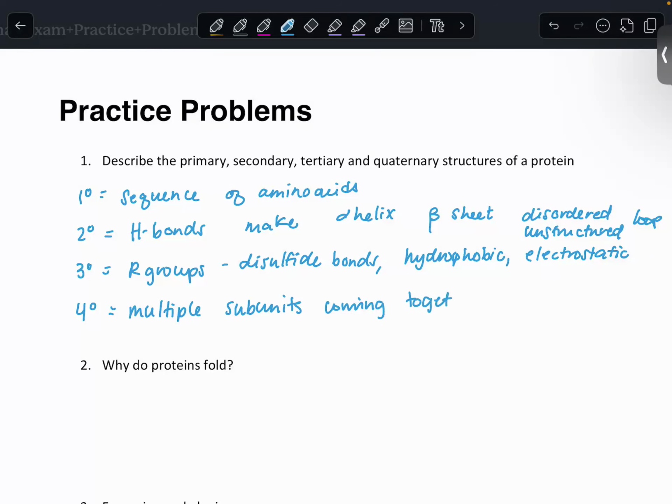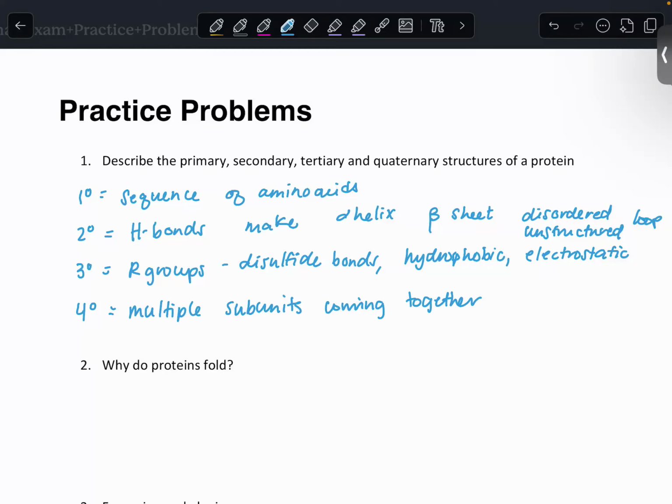What kinds of bonds or interactions? I'll give you a hint. We've already said them. I feel like I heard the right answer.